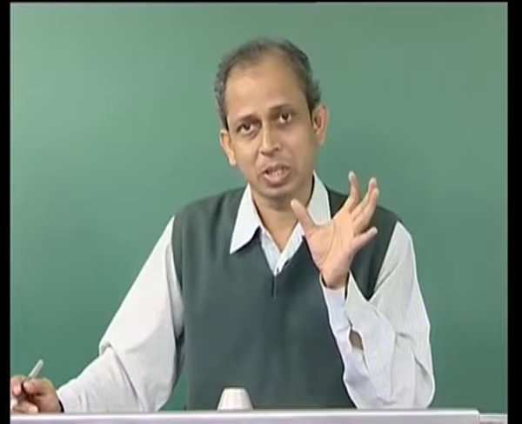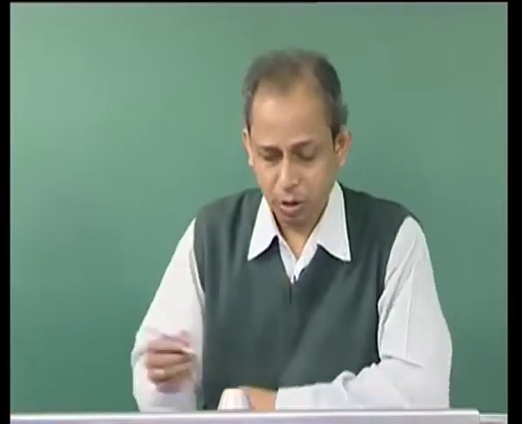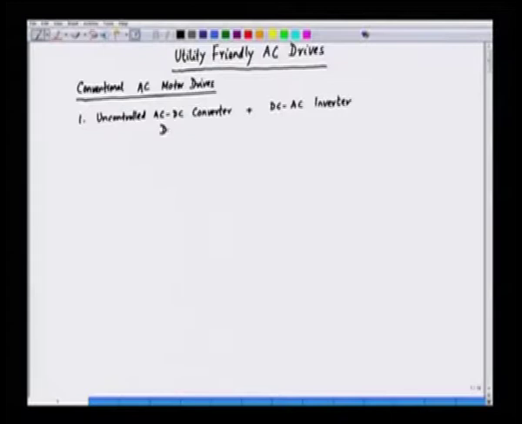So, the first stage is basically a diode bridge, plus an inverter. If we see the schematic diagram here, we have the diode bridge first and then we have an inverter.